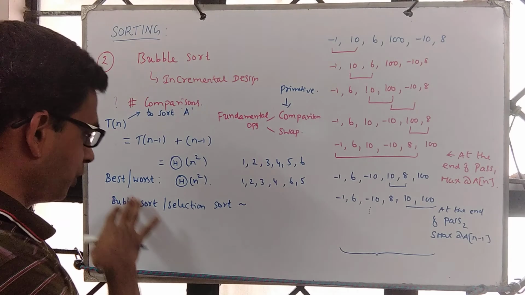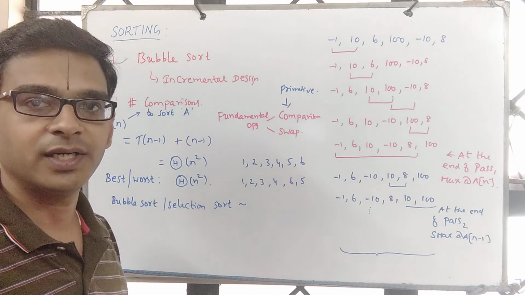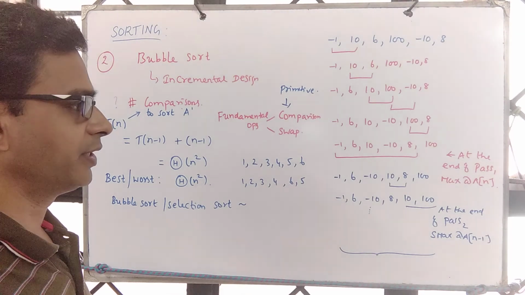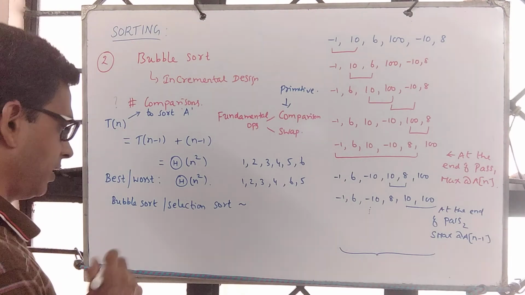If it is best case, both of them are incurring theta of n square. If it is worst case, both of them are incurring theta of n square, and it is not varying according to the input.